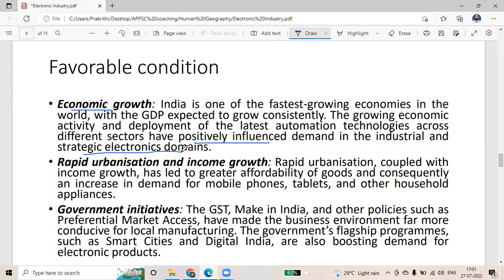So the economy is growing. People have the purchasing power and people have the technology. बहुत ज़्यादा technologies चाहिए, more comfort चाहिए.